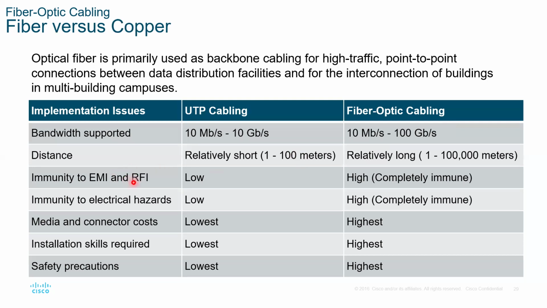All right, immunity to EMI, which is interference: low immunity to interference means attenuation is high. This one is completely immune, which means attenuation is very low.